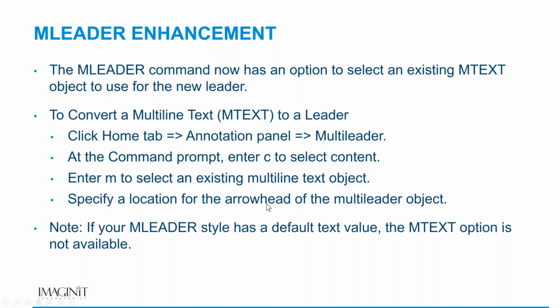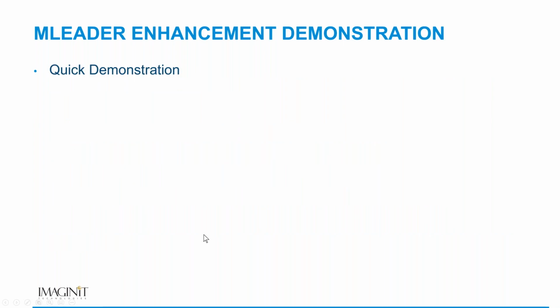You specify a location for the arrowhead of the multi-leader object, and it will turn that into a multi-leader. And note, if your multi-leader style has a default text value, the M text option is not available. So if you use multi-leaders with a default text value, this won't work. So you have to have a specific style for that.